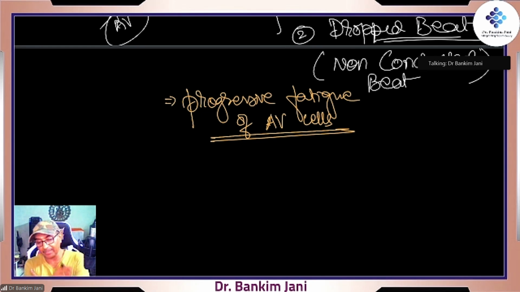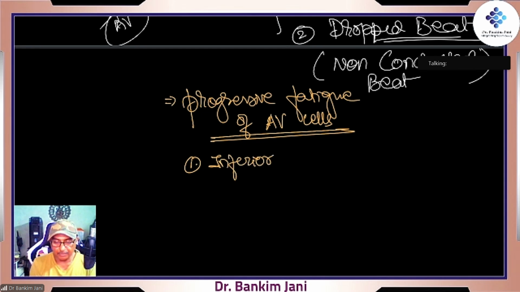Well, it can occur in almost all the conditions which were mentioned in type 1. But one of the important is when you see this and the patient has a myocardial infarction, then this is very much seen in inferior wall myocardial infarction.